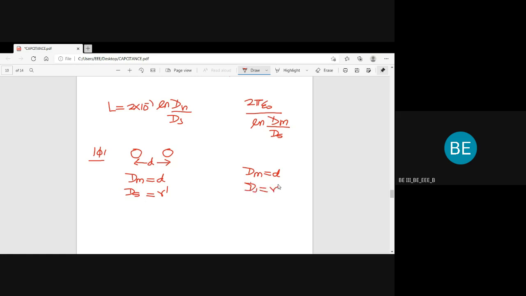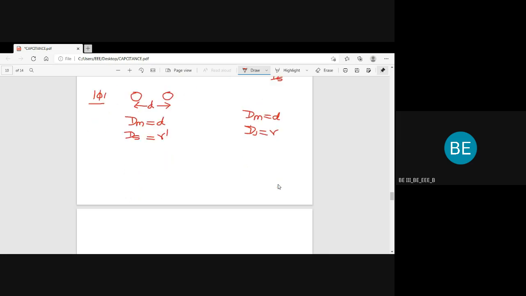If we have a three-phase line, whether symmetrical or unsymmetrical, I will consider D1, D2 and D3.